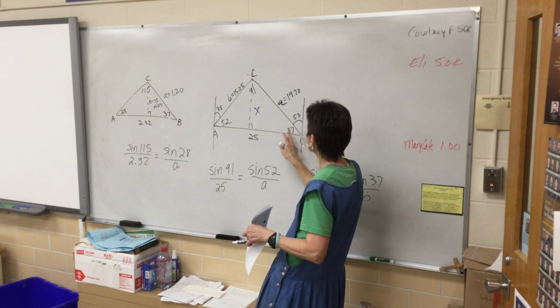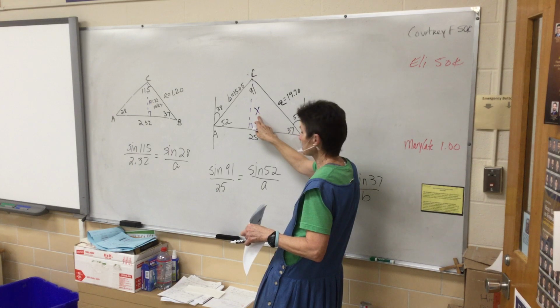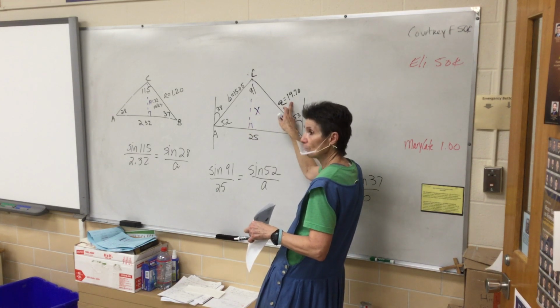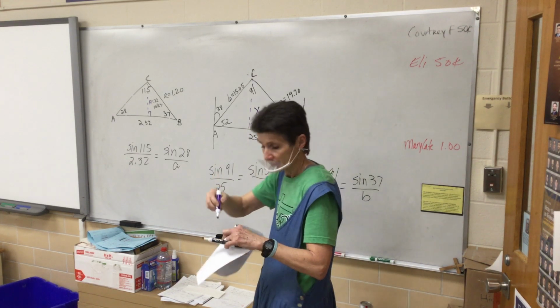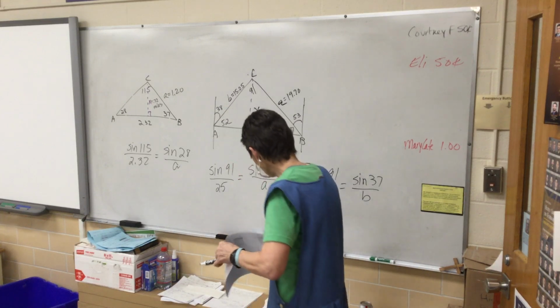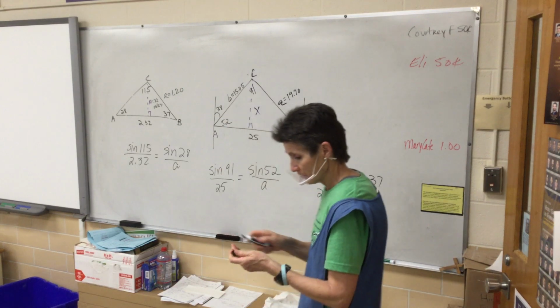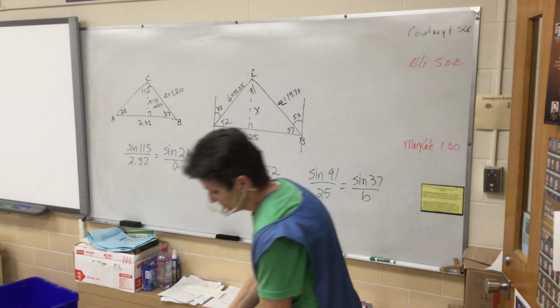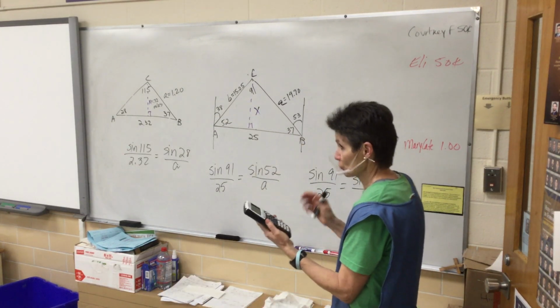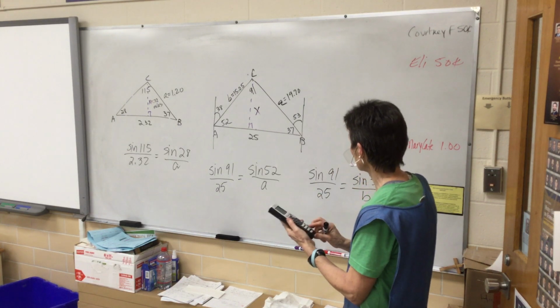Or we can say sine 37 over x equals sine 90 over 19.7. Either way you want to do it, it doesn't make any difference. The law of sines works in every triangle.